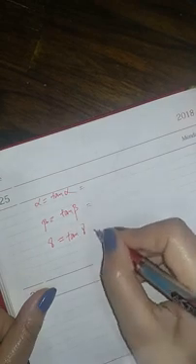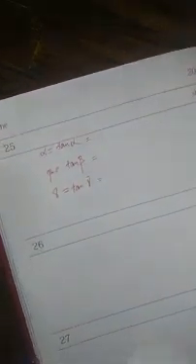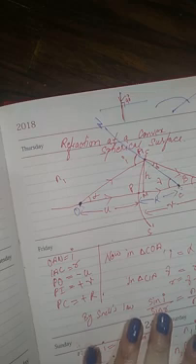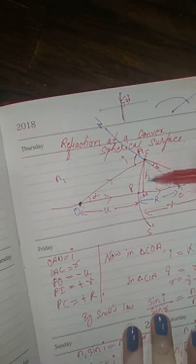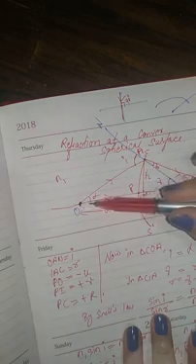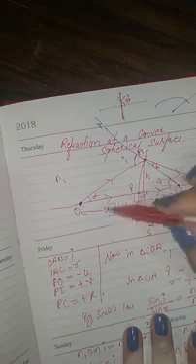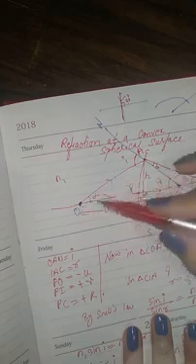Now just refer to the diagram. Tan alpha is perpendicular by base. The perpendicular is AM, the base is MO, or in place of MO we can write PO. So tan alpha is AM by PO.